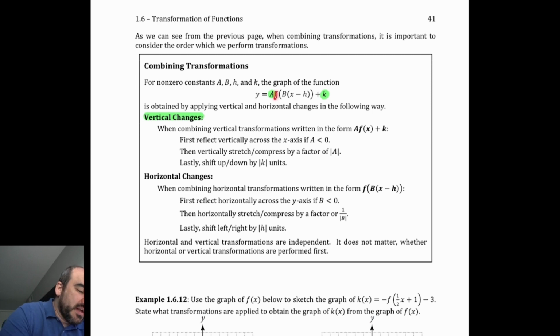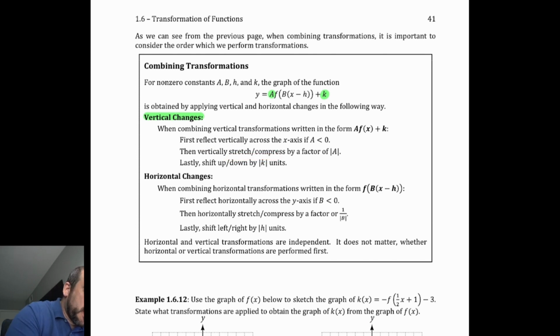And if a is negative, that's what this first one is saying. We reflect vertically across the x-axis if a is negative, and then we vertically stretch or compress by a factor of the absolute value of a, just a positive version of a. So the a in front of the function is going to be either a vertical reflection if it's negative, or a vertical stretch or compression.